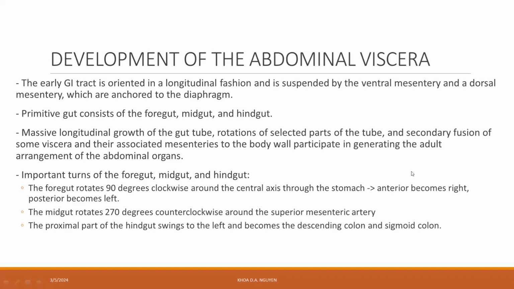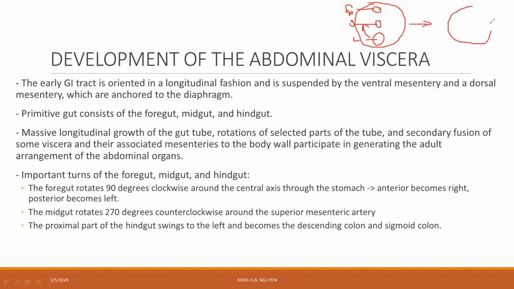Within the embryo, the organs of the foregut first are going to be like this. At the front, you have the liver. In the middle, you have the stomach. And right here, you have the spleen at the back. But then after this rotation, which is 90 degrees clockwise, you rotate like that.